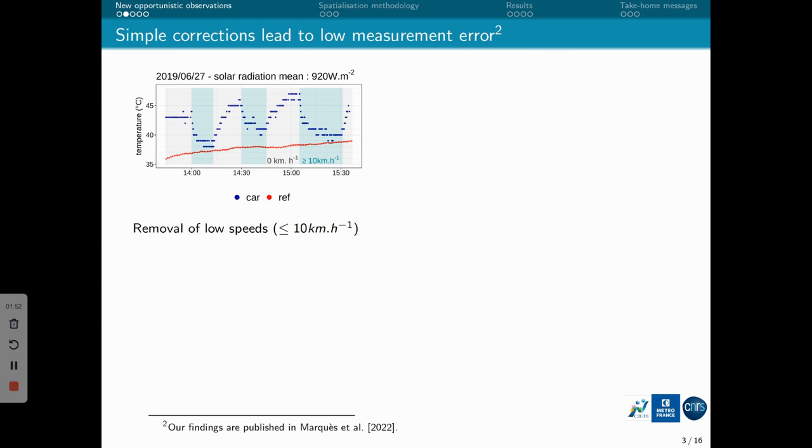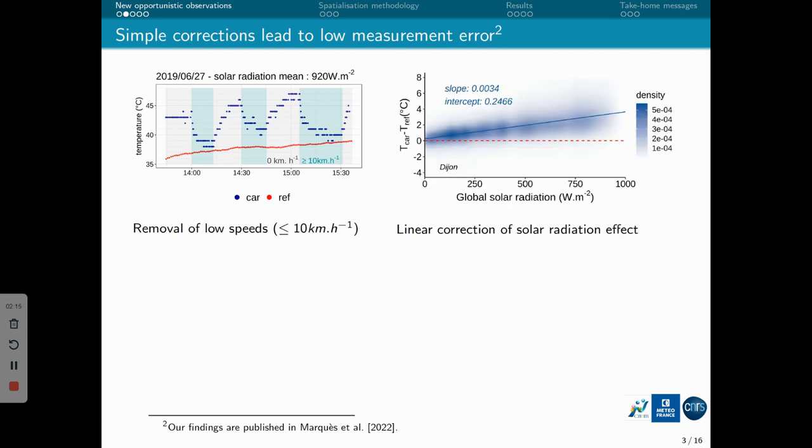You see that there is a strong bias when the car is stopped because there is an overheating of the sensor. So in all the data afterwards, we remove all the vehicle speeds smaller than 10 kilometers per hour. But we see that there is still a bias between the air temperature from the base station and the car, and there is an effect of solar radiation.